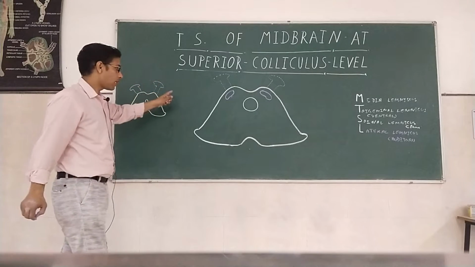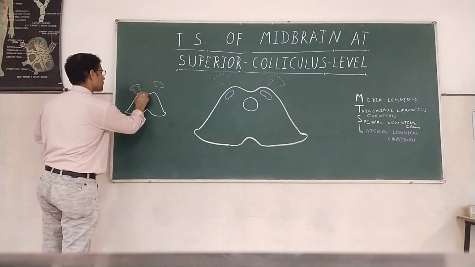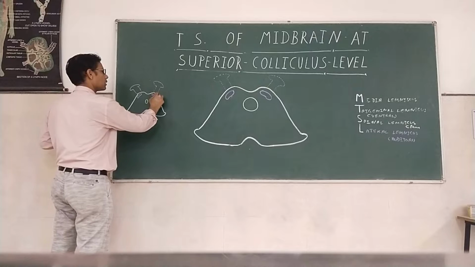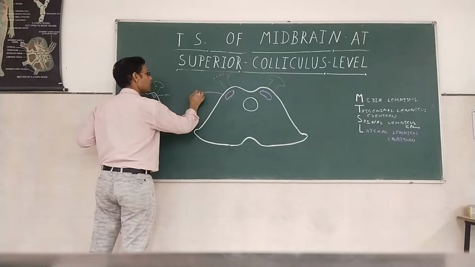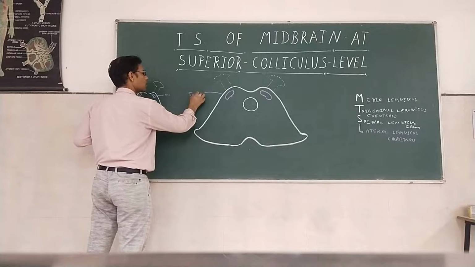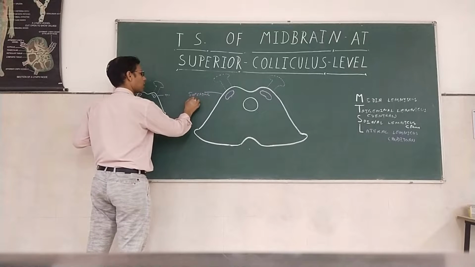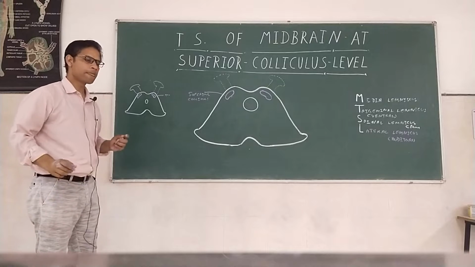We can compare. I drew this smaller diagram for the comparison. The inferior colliculus was there on the inferior, caudal level, and this is the superior colliculi level. The superior colliculi.